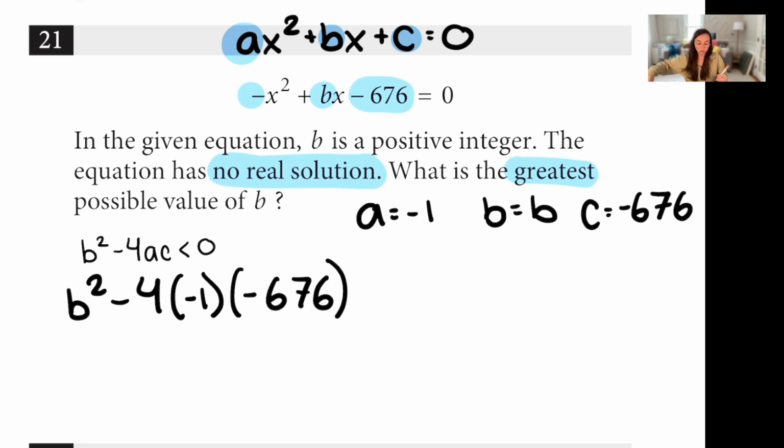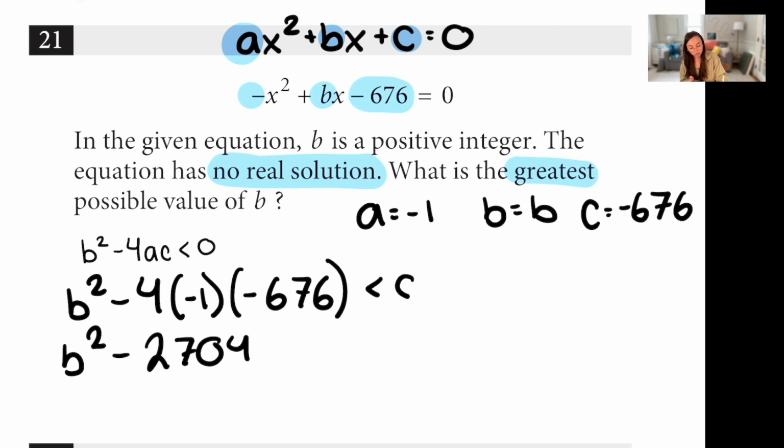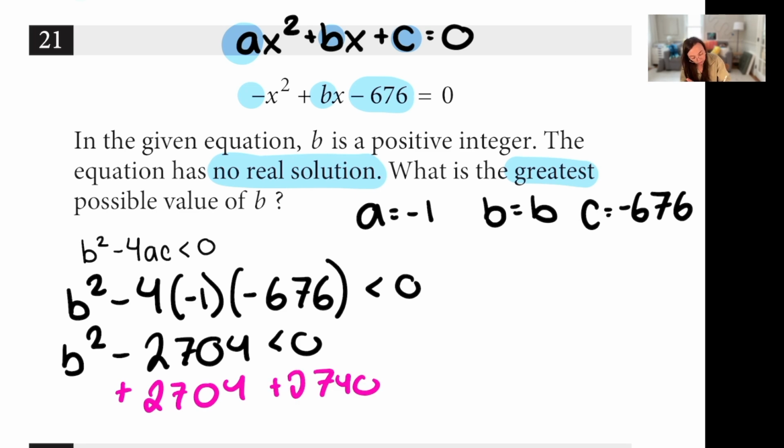All right, so this is going to be a fully negative number. 4 times 676. So this is going to be b squared minus 2,704, and that has to be less than 0. We're going to bring this number to the right-hand side, so we're going to add it to both sides.